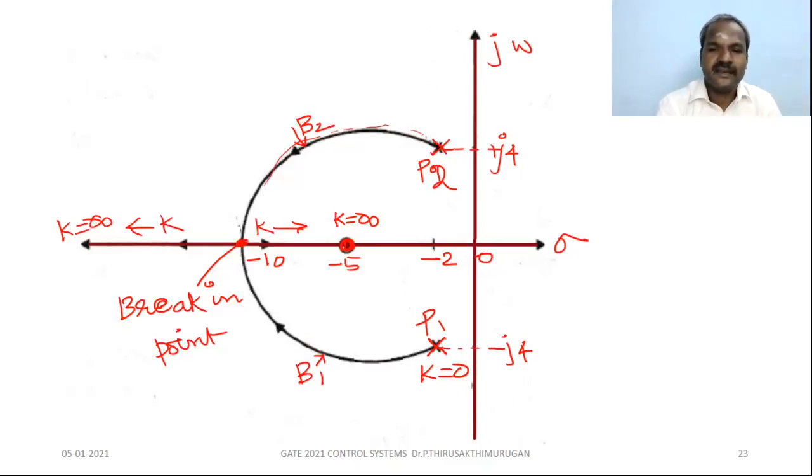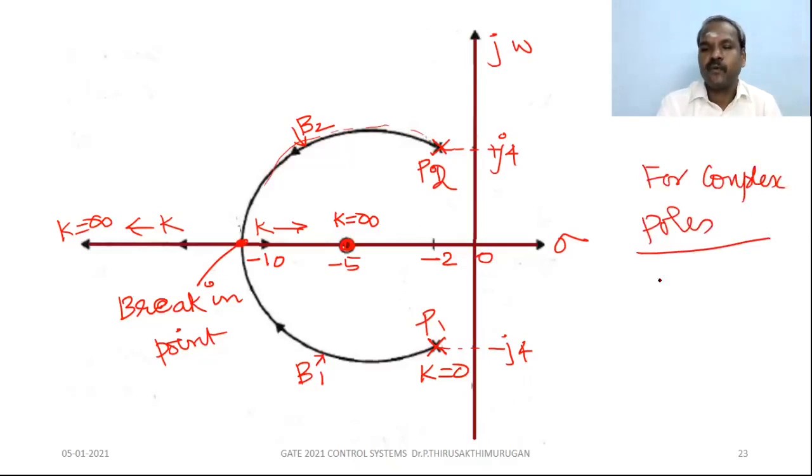So when it originates from this pole, what is the angle of departure? When we have complex poles, we have to find the angle of departure, theta d.